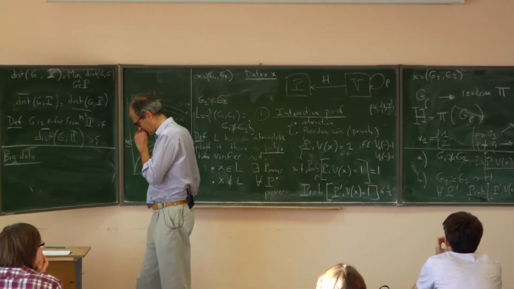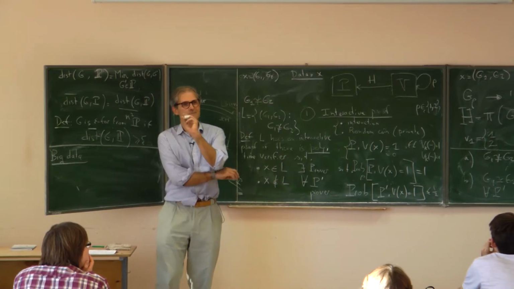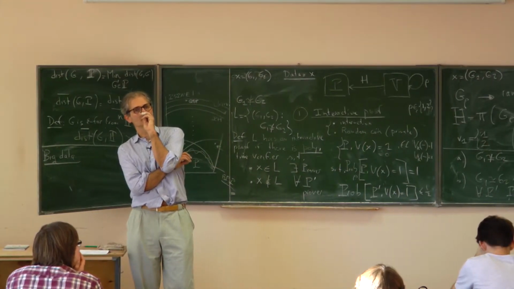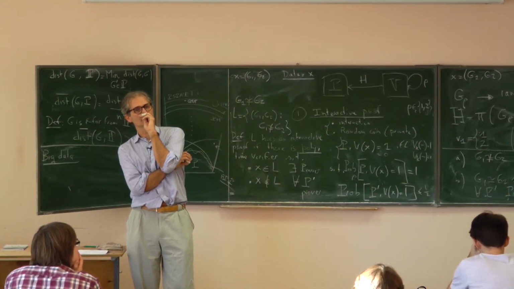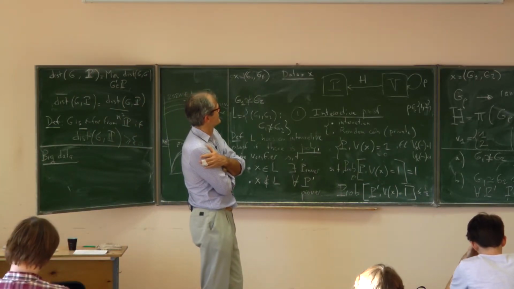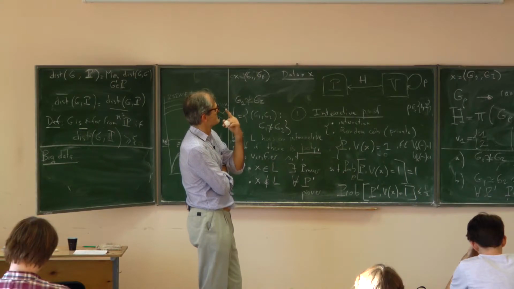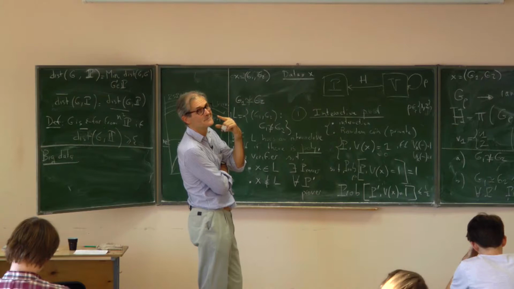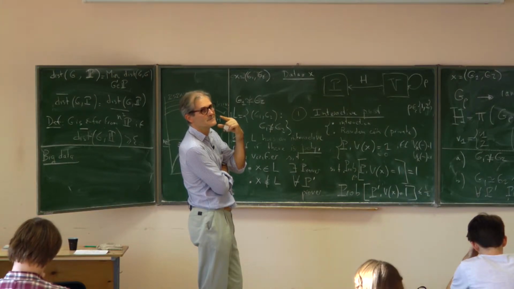For example, the prover says, I know this is G1, this is G2, I know they're non-isomorphic, they're too big to verify, to check this himself. Yes. Is there a proof for this case?